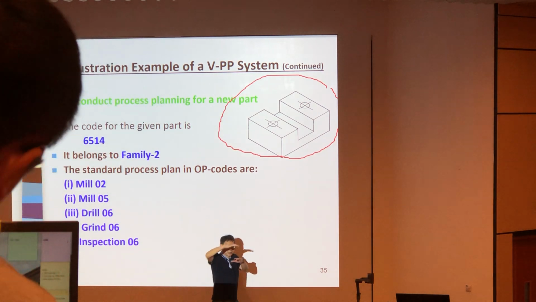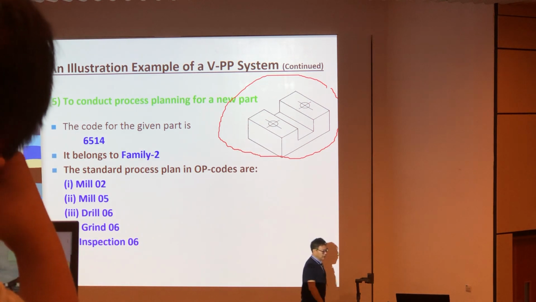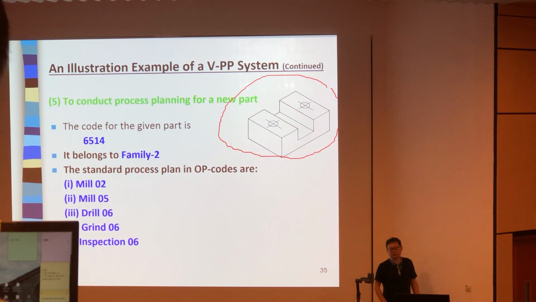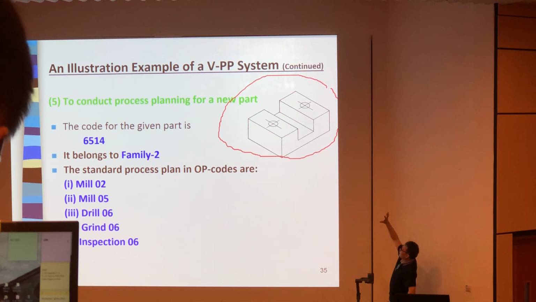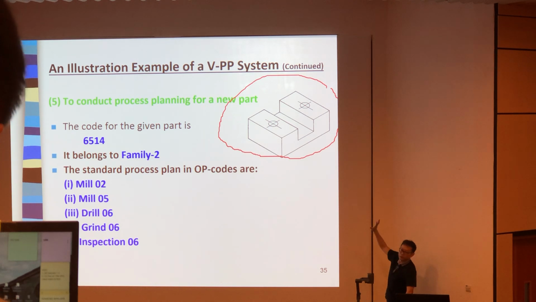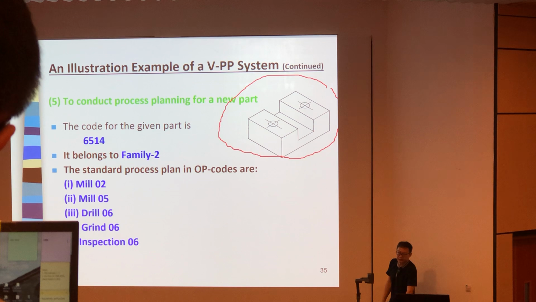So the process plan will include a quite long list of processes. Okay, and it will definitely meet this requirement. More than that, most likely there will be some redundancy there.